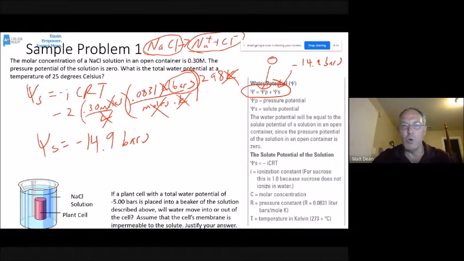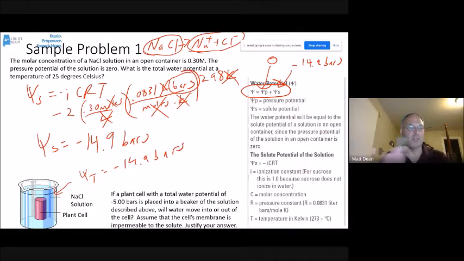That means our total water potential in the container is negative 14.9 bars, because water potential is a pressure of 0 plus a solute potential of negative 14.9, giving us a total water potential of negative 14.9 bars.